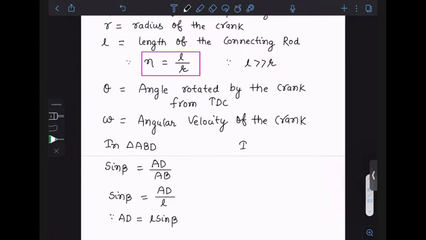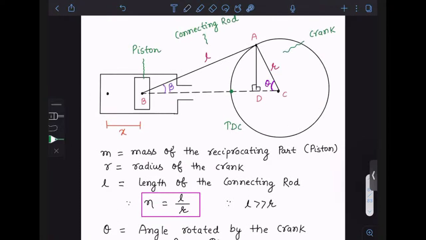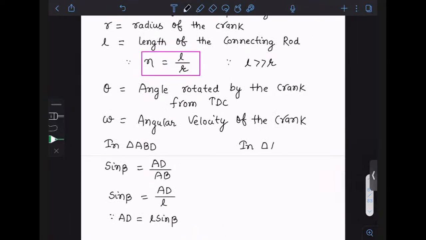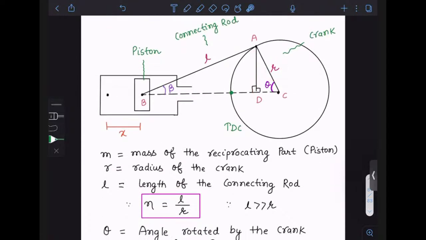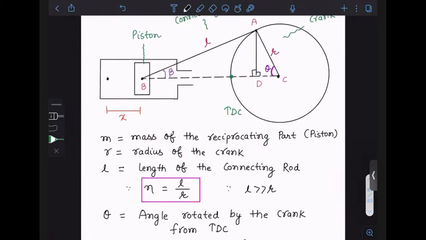Now, in triangle ADC, you can write sine theta is equal to AD by AC.